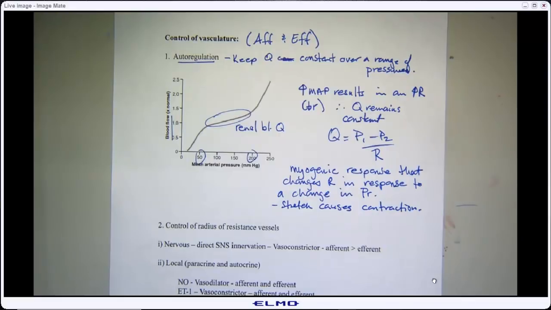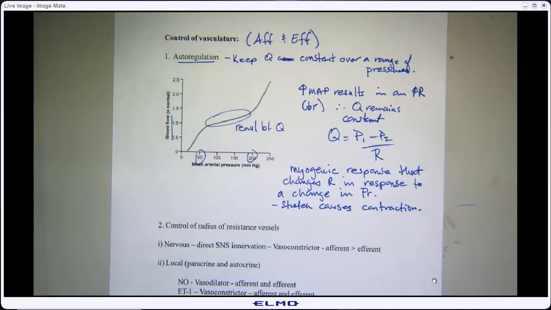Depending on how many times you sit down and stand up in a day, you could be filtering like crazy. And remember, we're sending 1.2 liters of blood to this kidney per minute. So the ability to lose blood volume by sitting and standing in a day is really high, right? But the good thing is that when you stand up and you increase that pressure to the kidney, stretch causes contraction. So flow stays constant.